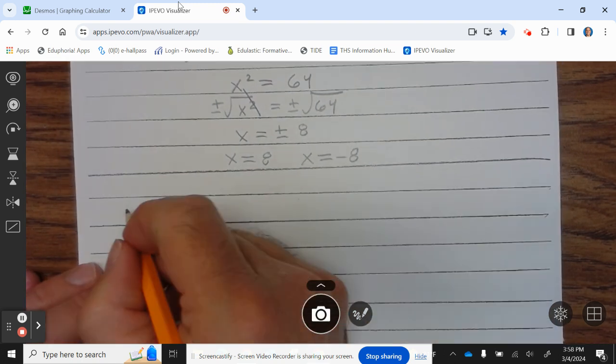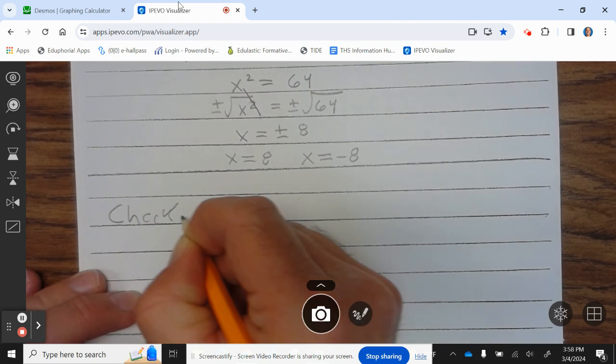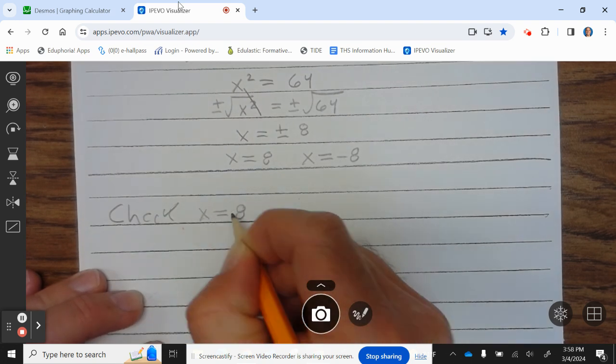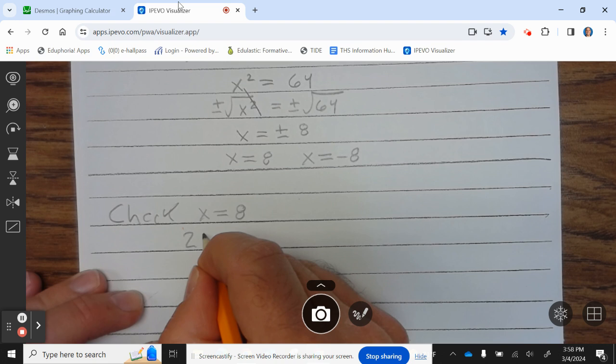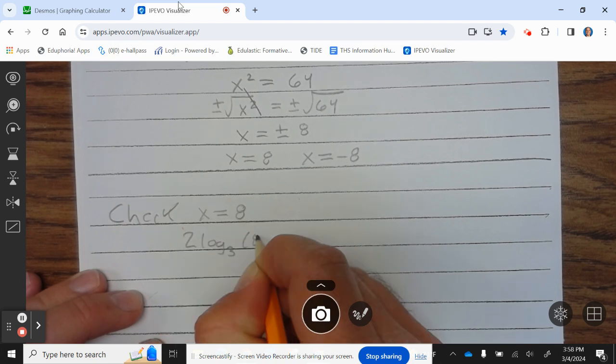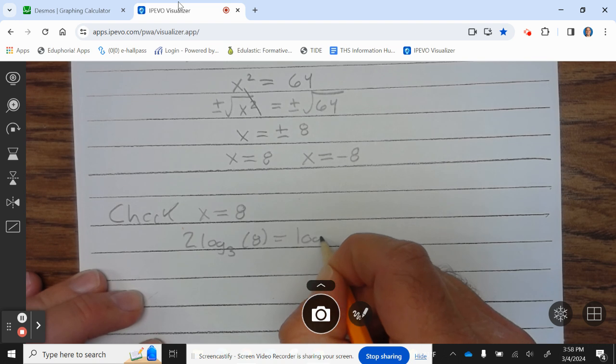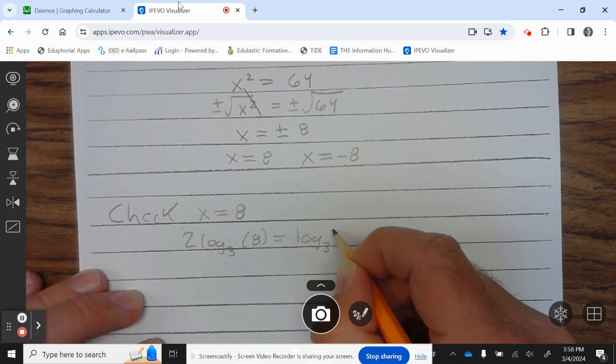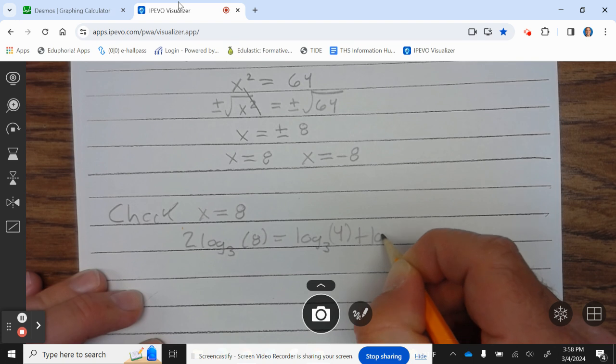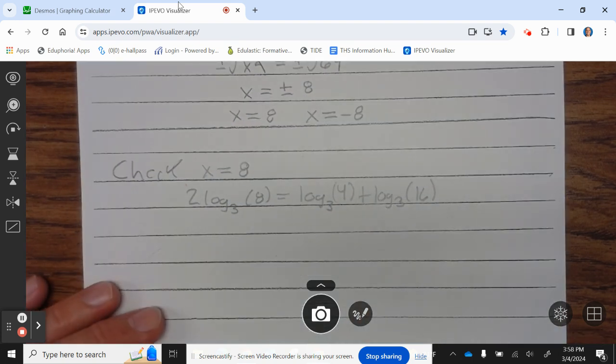All right, let's go ahead and check. So that's 2 log base 3 of 8 equals log base 3 of 4 plus log base 3 of 16. All right, let's go ahead and do that.